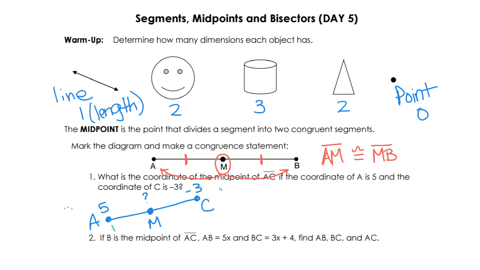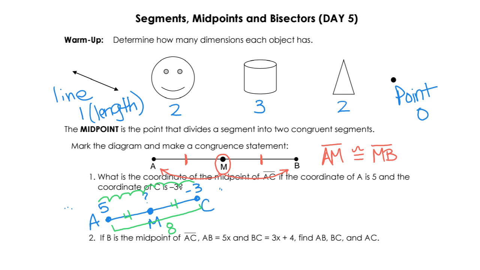But what I'm going to do is figure out how long this line segment already is. From 5 to -3 or -3 to 5, that's 8 units. Therefore, there must be 4 units here and 4 units here. So if you are at 5 and you travel 4 units to your midpoint, what number would you end up at? Or you could say you're at -3 and travel 4 units to your midpoint.